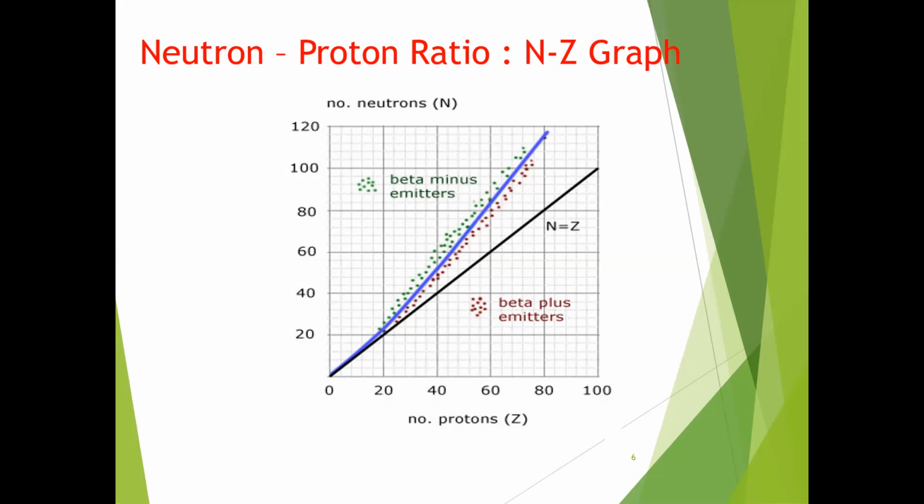Among stable and naturally occurring nuclei, this ratio generally increases with increasing atomic number. This is because of electrical repulsive forces between protons, when the separation among protons is more than the strong nuclear force range.